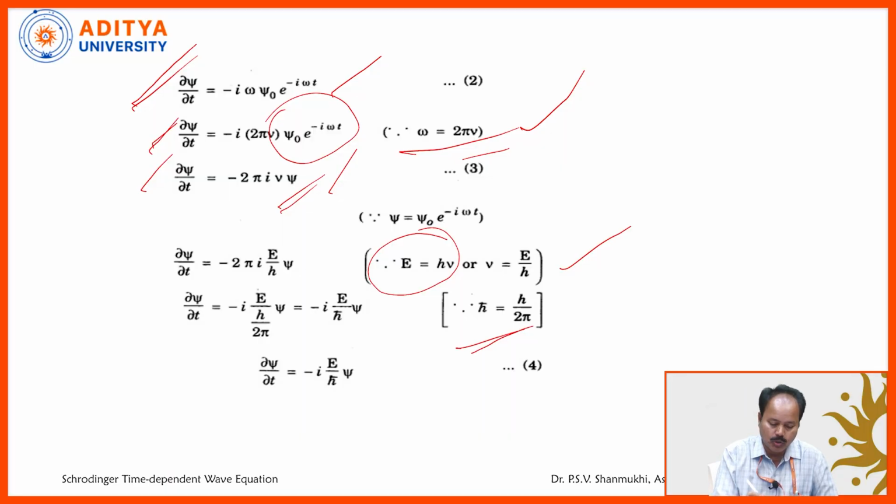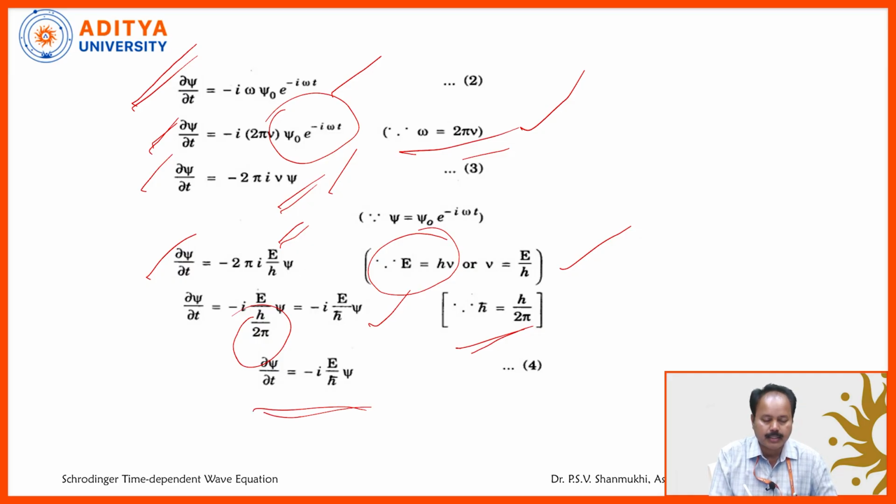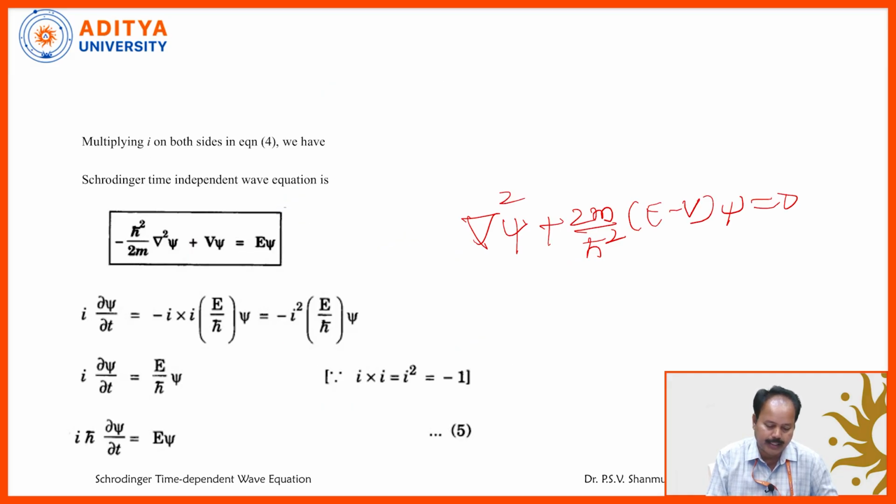That's why dou psi by dou t, which is equal to minus 2 pi i nu into psi, with nu written as E by h and 2 pi written in the denominator, automatically becomes minus i E by h cross into psi. Therefore dou psi by dou t is minus i E by h cross into psi. So we got the first derivative of psi, dou psi by dou t equal to minus i E by h cross into psi.